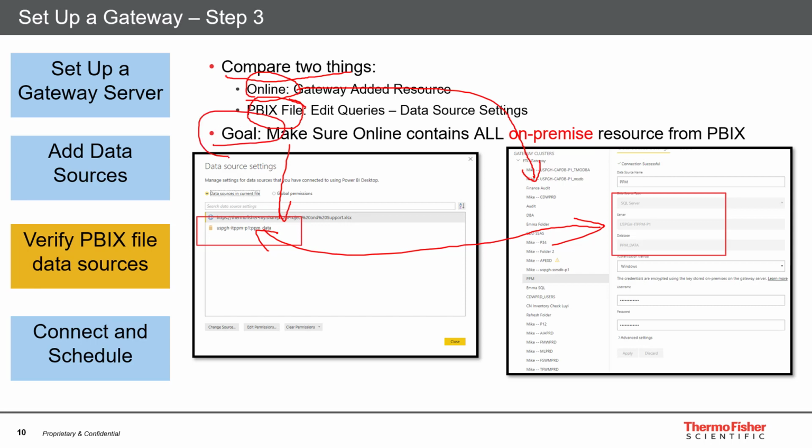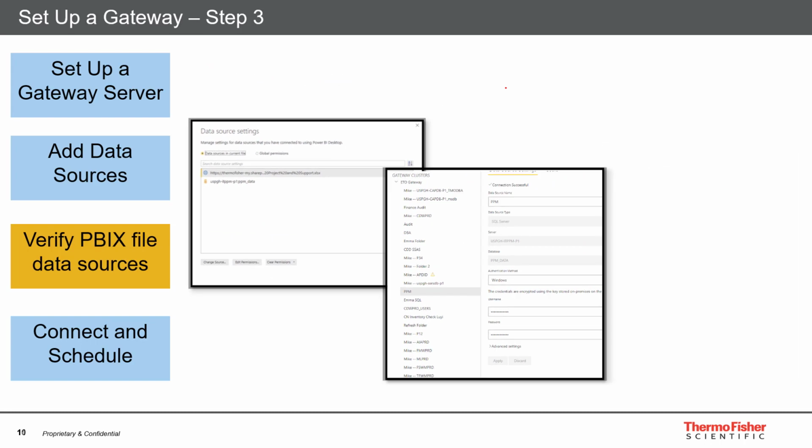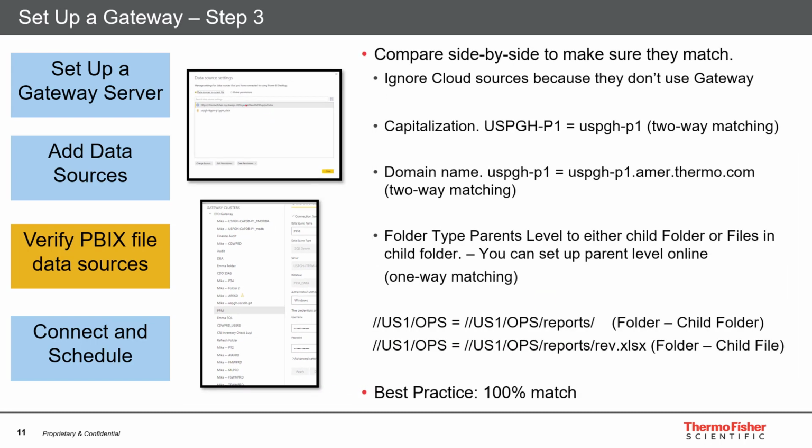So your goal is very simple: to make sure the online version, which is the right part, contains all the on-premises resources from your PBIX file. So basically, you need to make sure every on-premises source showing up here also has a match here.